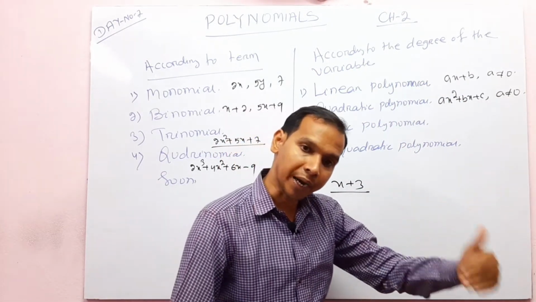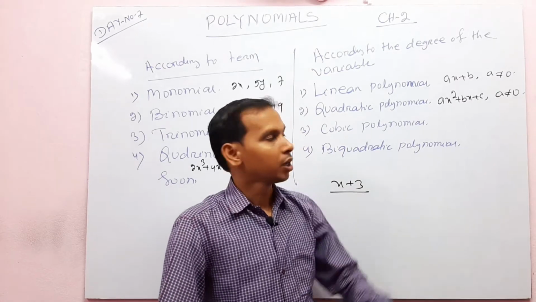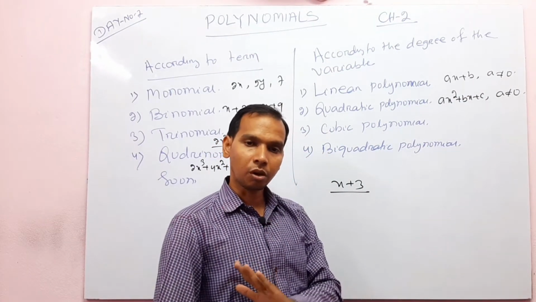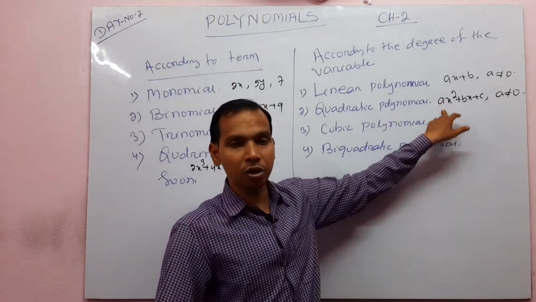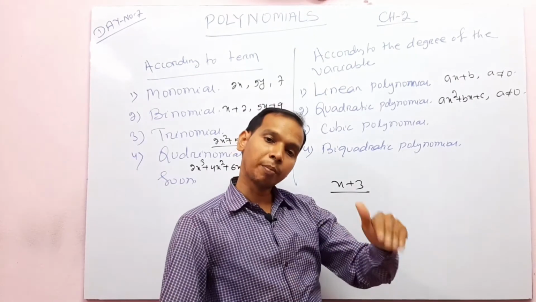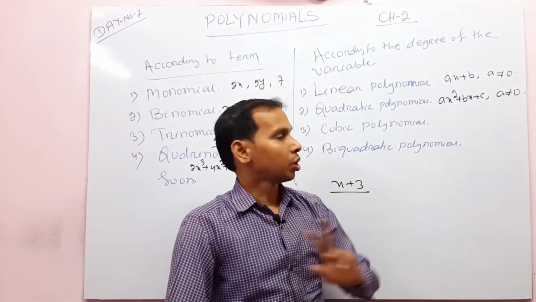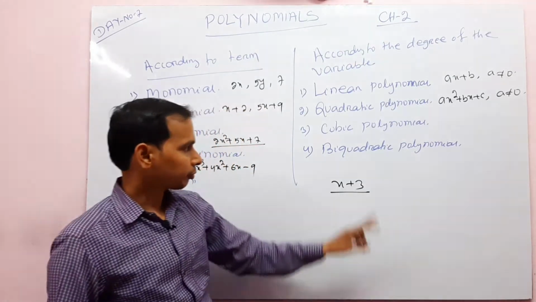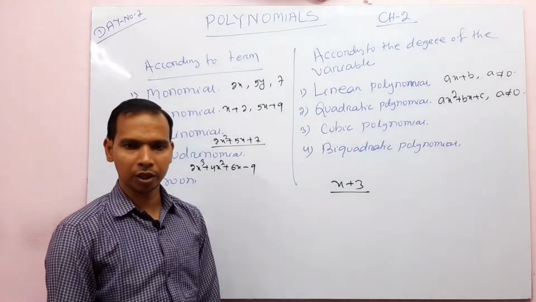And if we find the zeros of the polynomial, we get two zeros. Once more: quadratic polynomial, maximum power of the variable 2, number of factors also 2, number of zeros also 2. Then come to cubic polynomial.